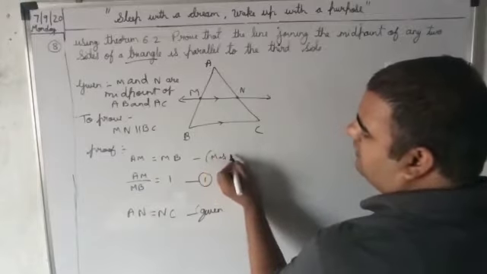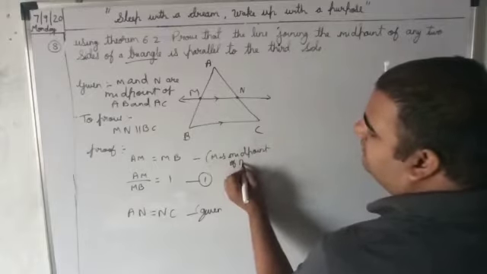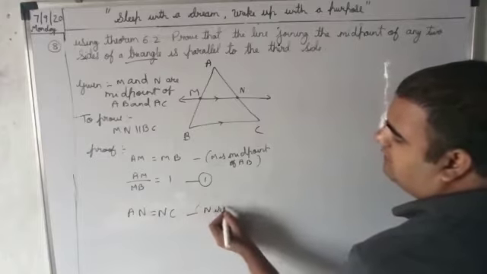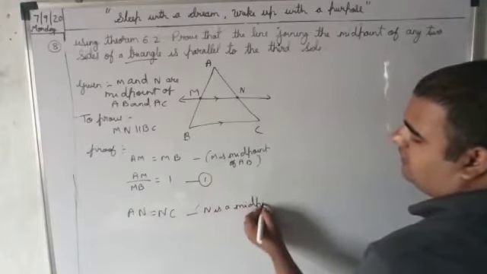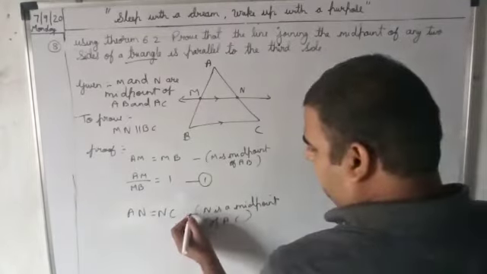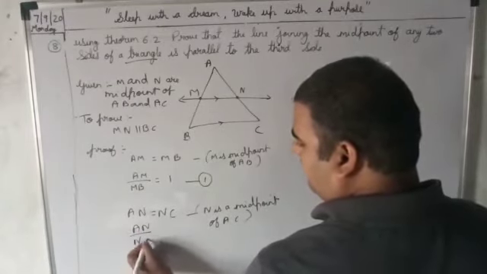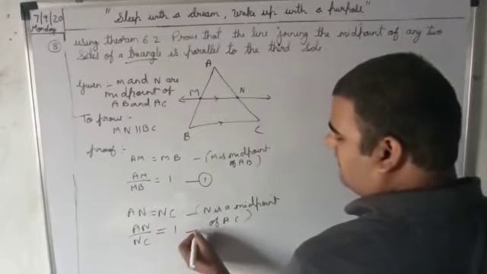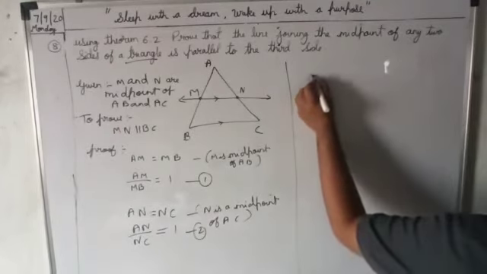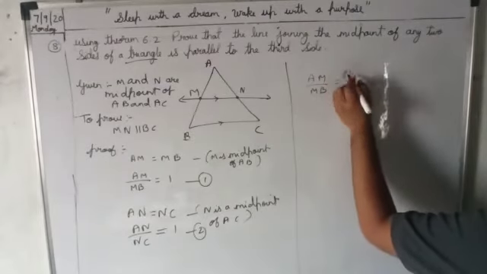M is a midpoint of AB, and here also, N is a midpoint of AC. Name this as 2: AN upon NC equals 1. So from 1 and 2, you can get AM upon MB equals AN upon NC.